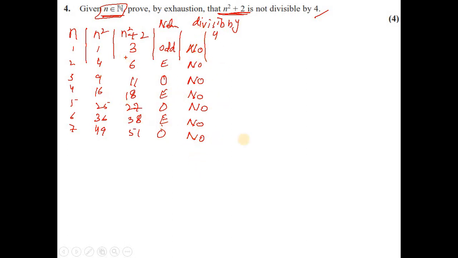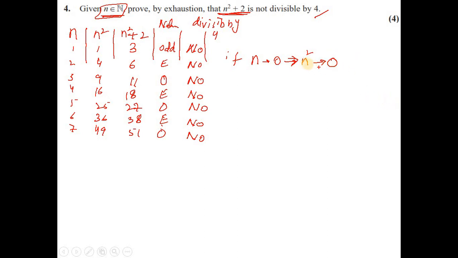So you can say that if n is odd, like here 1, 3, 5, 7, even 9, if n is odd, that implies that n square must be odd.